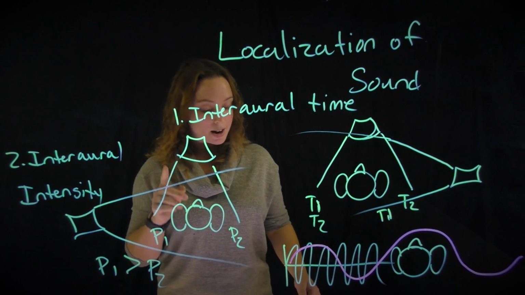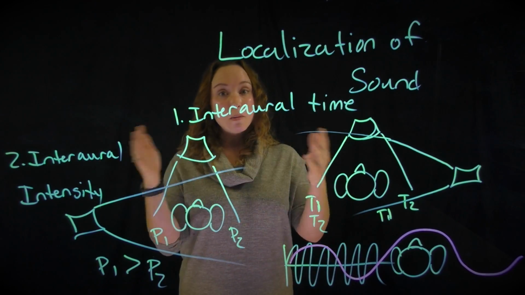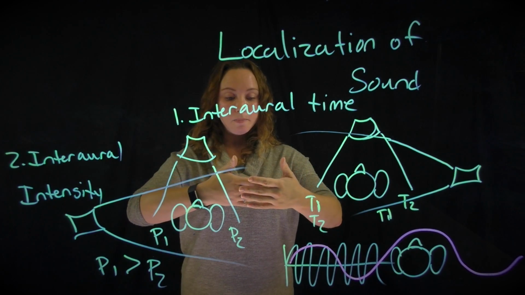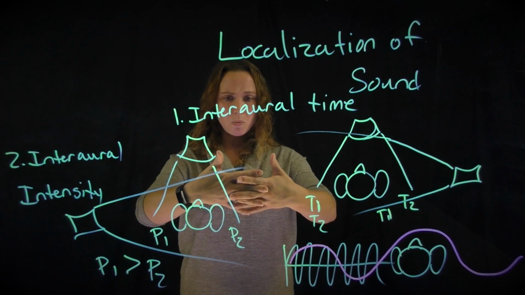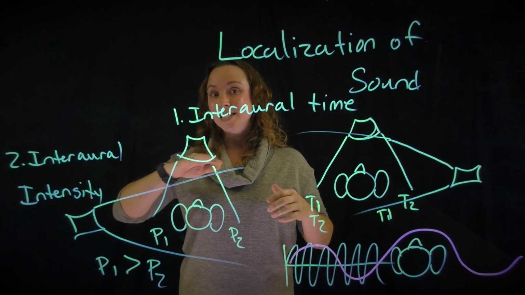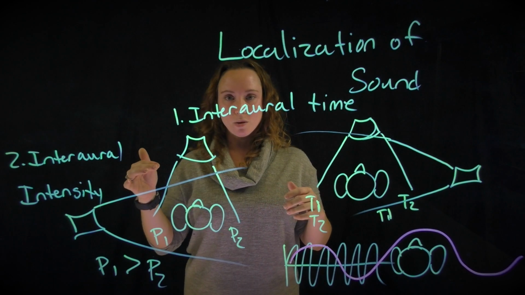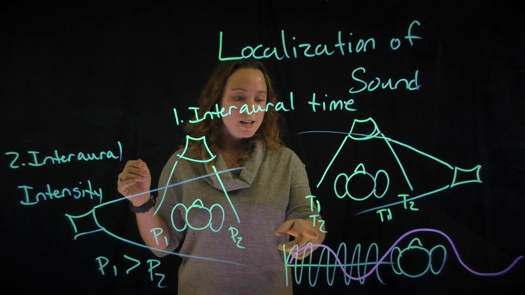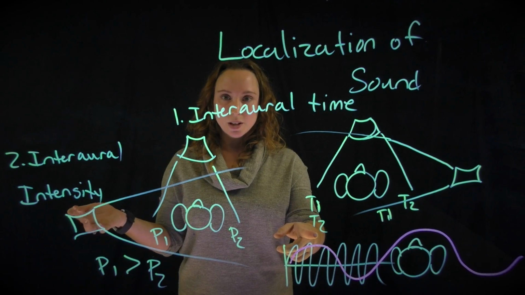And so this is why when you set up a new sound system, so if you have a home sound system where you have a subwoofer, it does not matter where you put the subwoofer in the house, because the subwoofer is giving you low frequencies, and so you're not going to be able to localize where it's coming from.